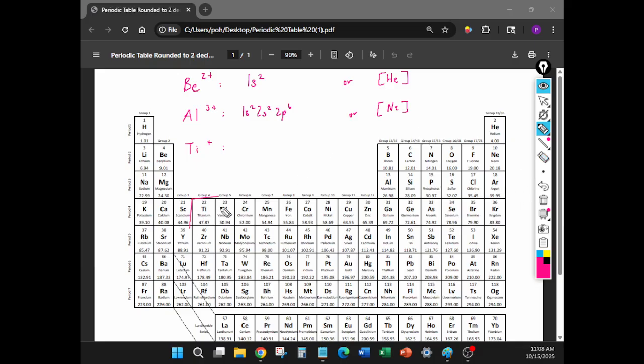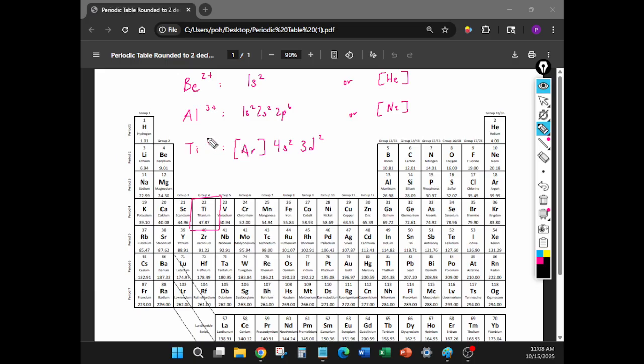The last one is Ti+, and this is the one where we're going to use the rule that we talked about right before we did these. I'm just going to do the noble gas because I don't want to write it all out. You're going to write Ar in brackets, and then Ti passes the 4s section, so 4s2, and then 3d2, okay?